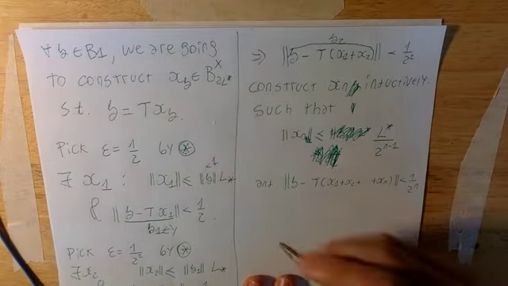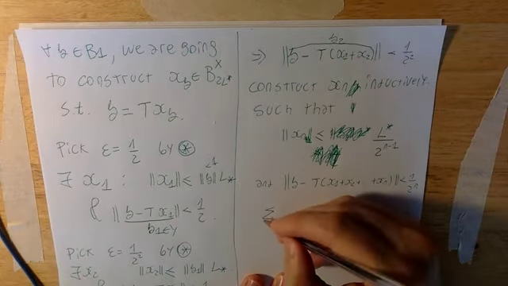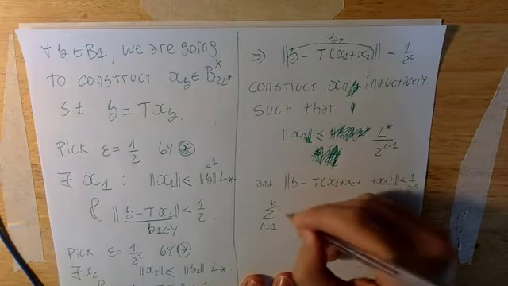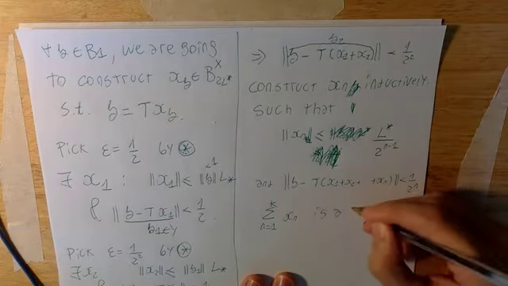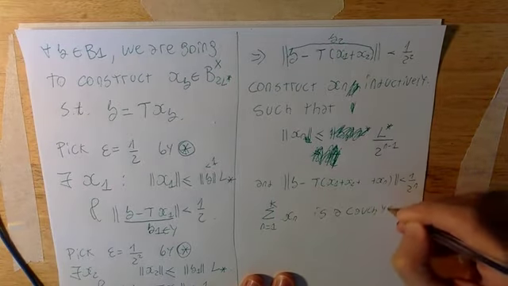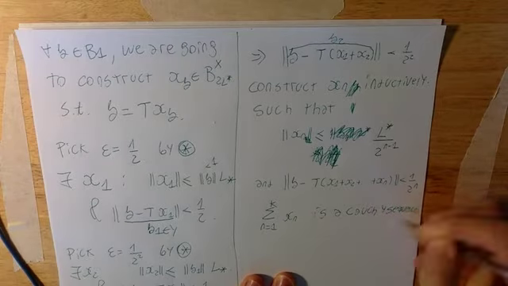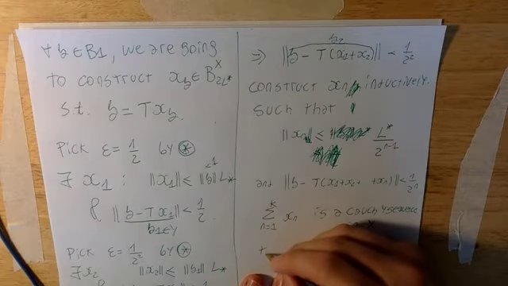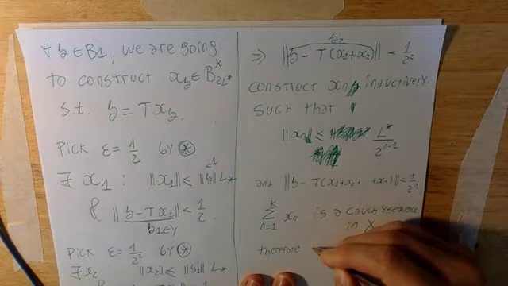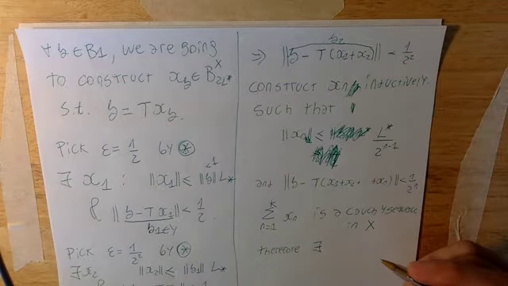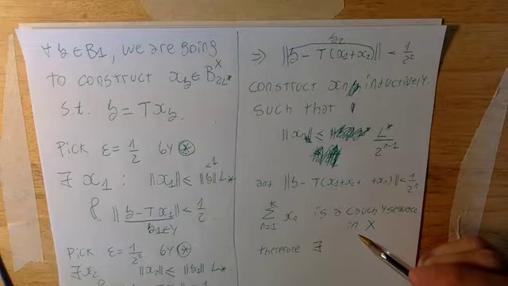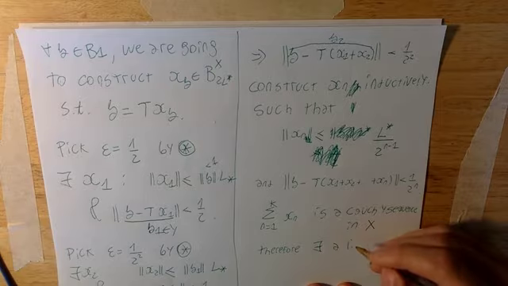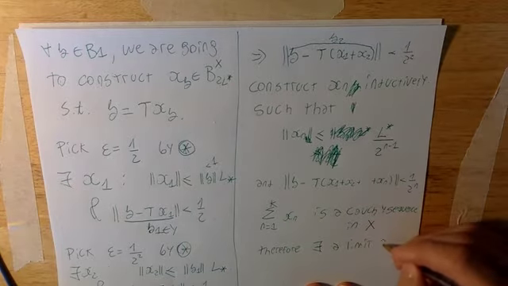Then what we can show is that the sum from n equals 1 up to k of xn is a Cauchy sequence in X. Therefore, there exists a limit x_y.